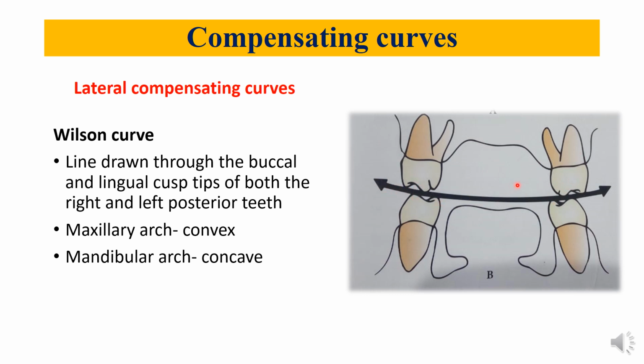When you join the buccal cusp tip and the lingual cusp tip on one side, and then join that with the lingual cusp tip and the buccal cusp tip of the other side, you get Wilson's curve. You can see from the diagram that in the mandibular arch it is concave, and if you draw it in the maxillary arch you get something like this. It means it's convex in the maxillary arch.